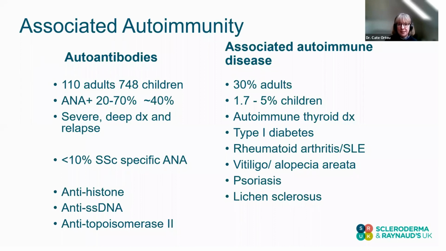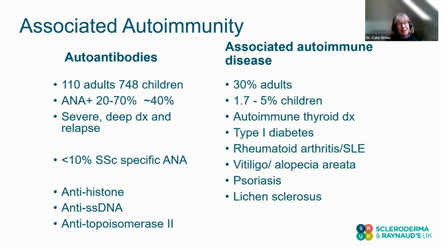It's positive in systemic sclerosis, it's positive in lupus, it's positive in dermatomyositis, lots of different autoimmune conditions. And ANA positivity is documented in a significant number of patients with Morphoea, and probably at least 40%, and in some studies up to 80%, but it's probably 40% is a good benchmark, I'd say.